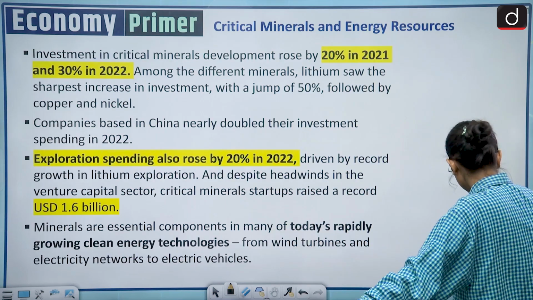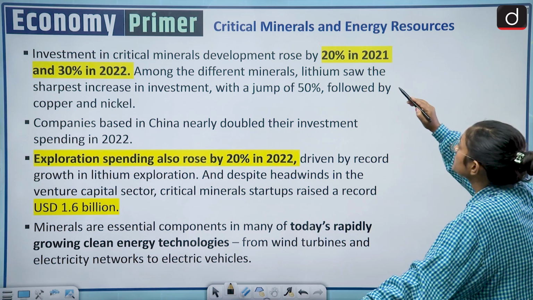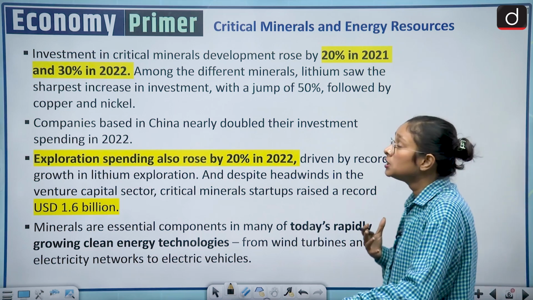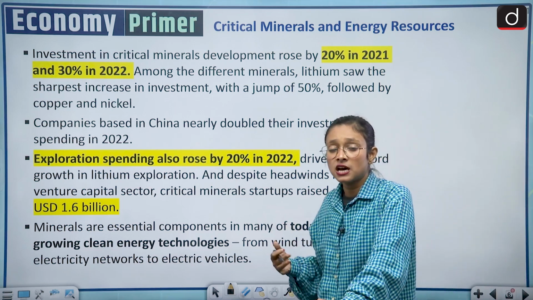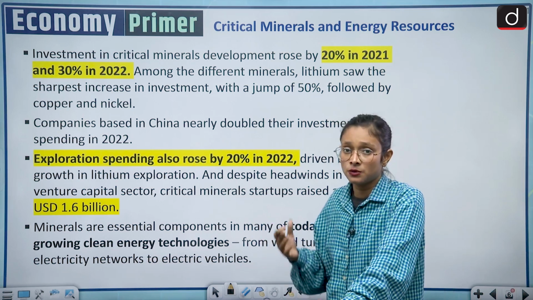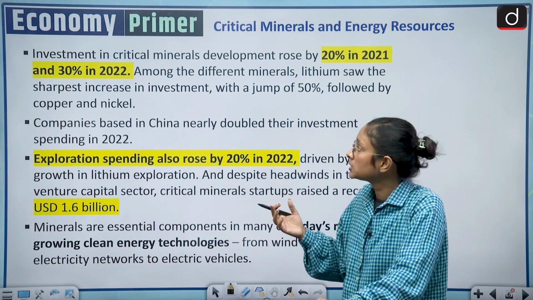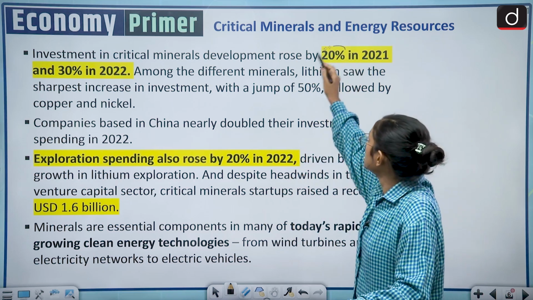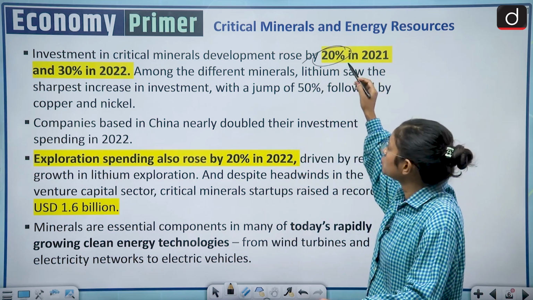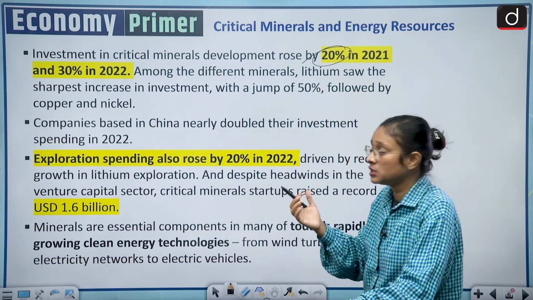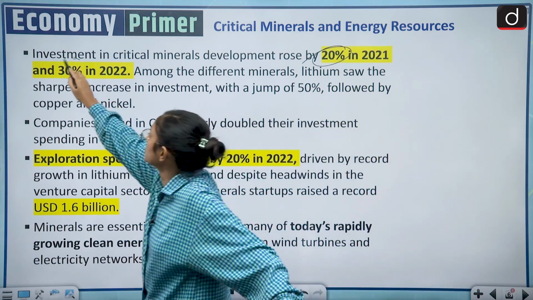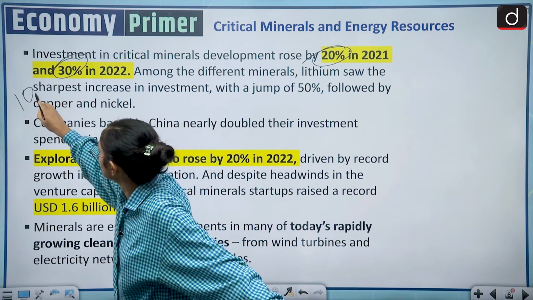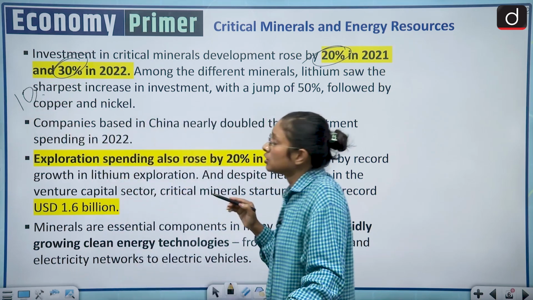Moving towards the next slide, which is about critical minerals and energy resources. How keen are the Government of India and others to invest in critical minerals? Coming to the 2021 data, investment in critical minerals development was 20%, and in just one year it has risen to 30%, which is huge, a rise of 10%.